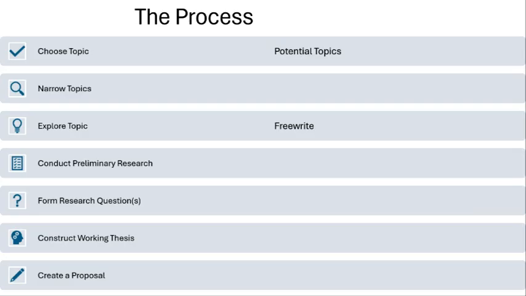So once a topic is narrowed down, you want to really explore it. And what I mean by that is free write. Write down everything you know. Write down all the different stuff. Dig deep into it. What exactly is your topic about?